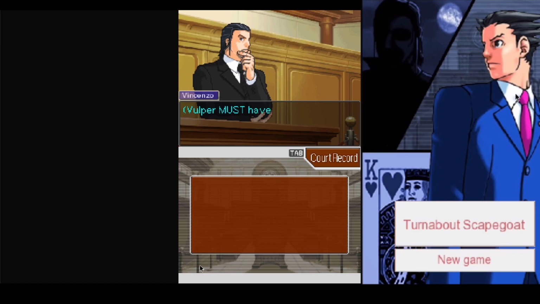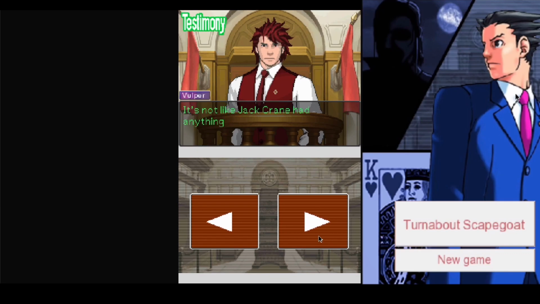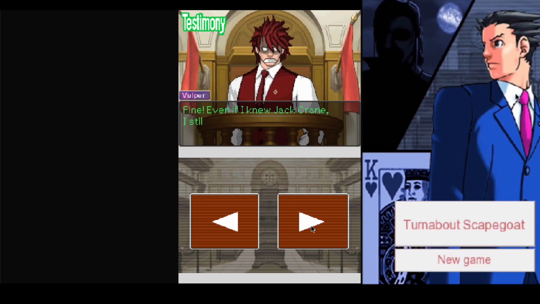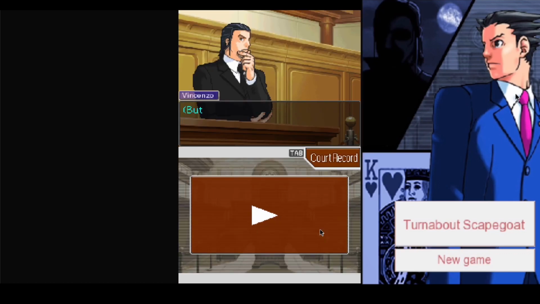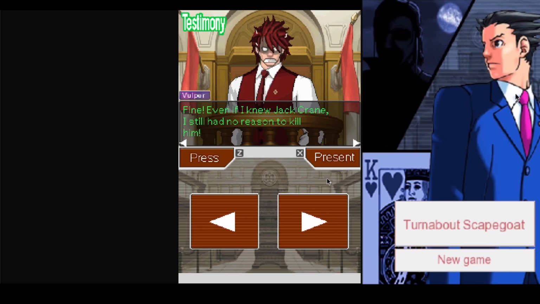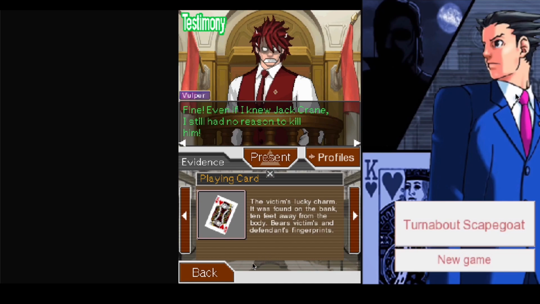I'm so close. Vulper must have had a reason to kill Jack Crane. But what is it? So close. No. What is it? I feel like he shouldn't have known about the card. So to be honest, I think it might actually be the card.